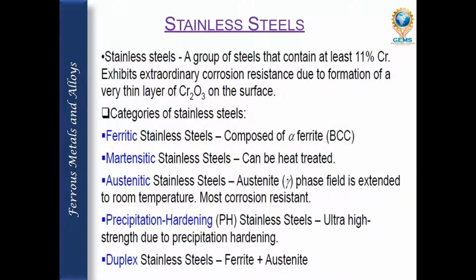Stainless steel's resistance to ferric oxide formation results from the presence of chromium in the alloy, which forms a passive film that protects the underlying material from corrosion attack and can self-heal in the presence of oxygen. So if any fracture or any damage is made in the stainless steel, these steels can self-heal when oxygen is present.